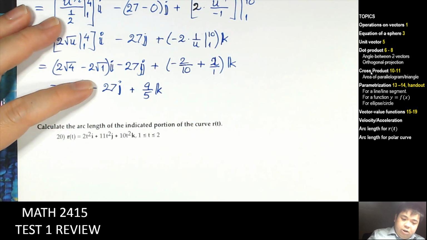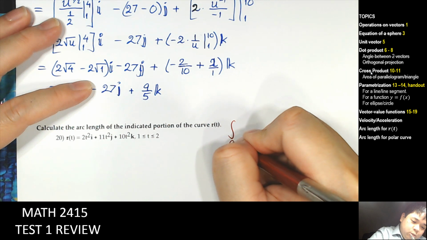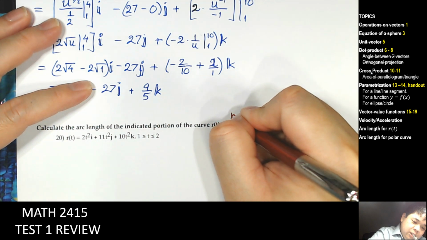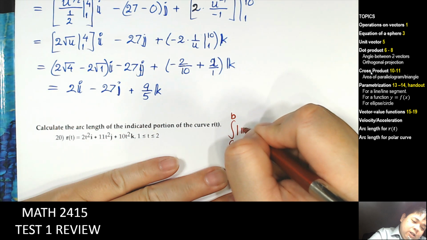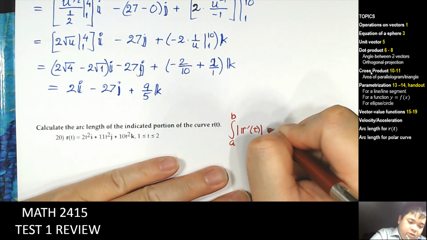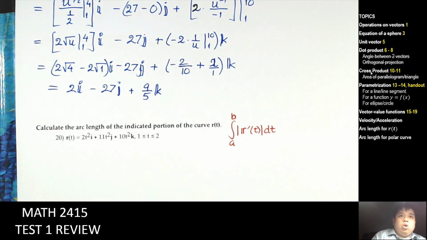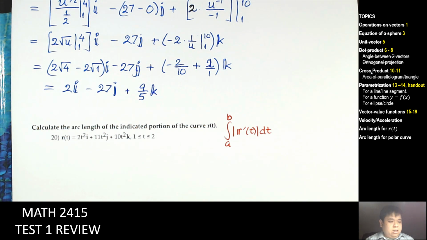So the formula for that is the integral from a to b, and then we just find the magnitude of the velocity vector. So all we do is take the derivative, find the magnitude, then integrate. It's as simple as that.